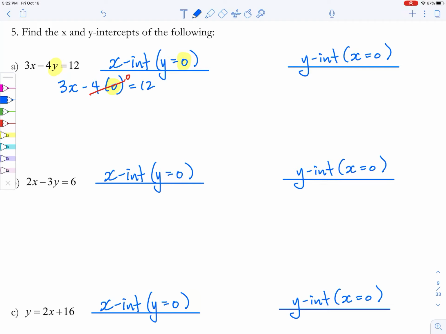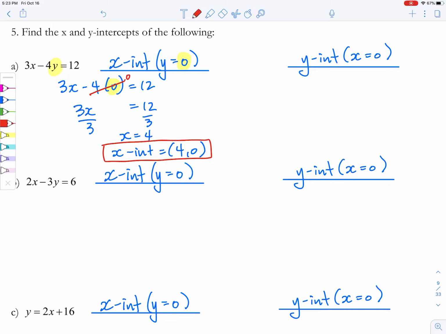It basically means we have 3x equals 12. Then we divide both sides by 3, and we get that x equals 4. We finish off by writing out the coordinates of our x-intercept, so our x-intercept is 4, 0.